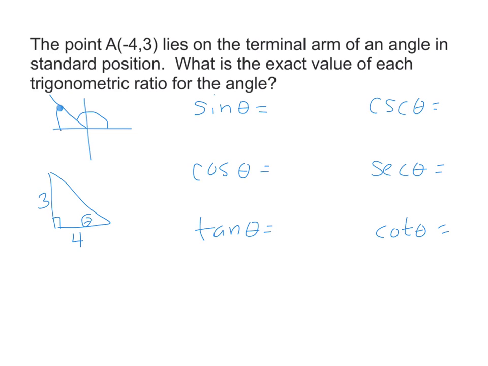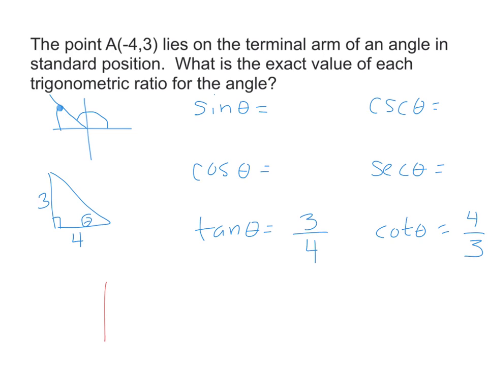One of those is already really easy to find. Do you know which one? Tangent, because tangent is just opposite over adjacent, 3/4. And then the cotangent would be 4/3.